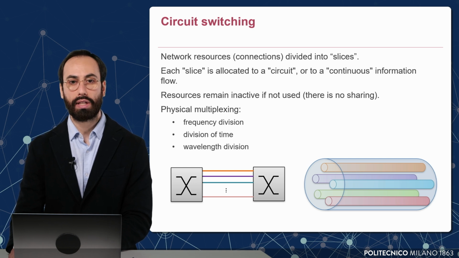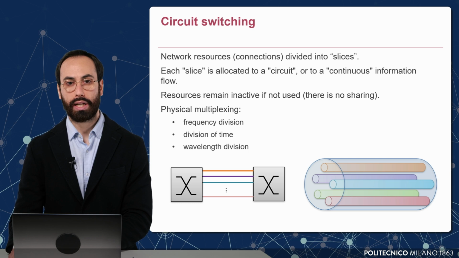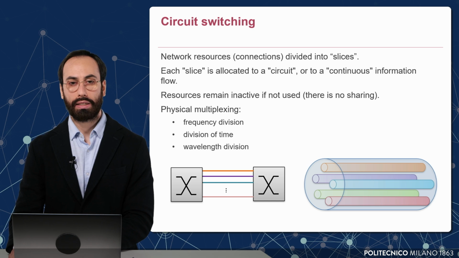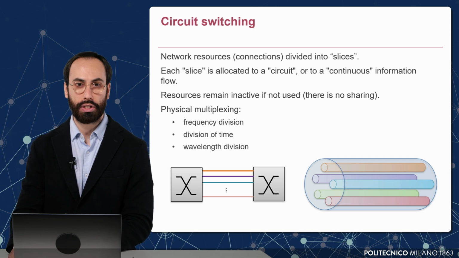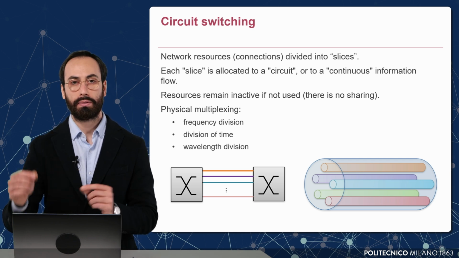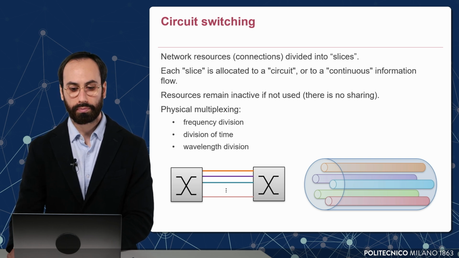So in this case, we don't have sharing of resources, and this is an important feature in our networks. And the network resources can be of multiple types. So, for instance, can be based on frequency division, time division or wavelength division, or also space division. So we can dedicate a specific physical circuit to establish our calls.